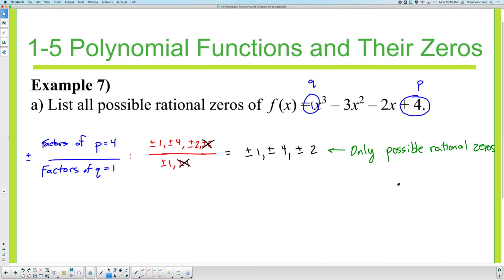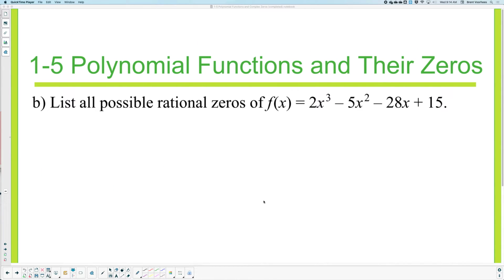Pi is a never-ending decimal that never repeats, so that would not be rational. Any zero that this graph could ever possibly have is only positive or negative 1, positive or negative 4, positive or negative 2. Those are the only possibilities. All right? Let me box that up there. There is our possible rational zeros.